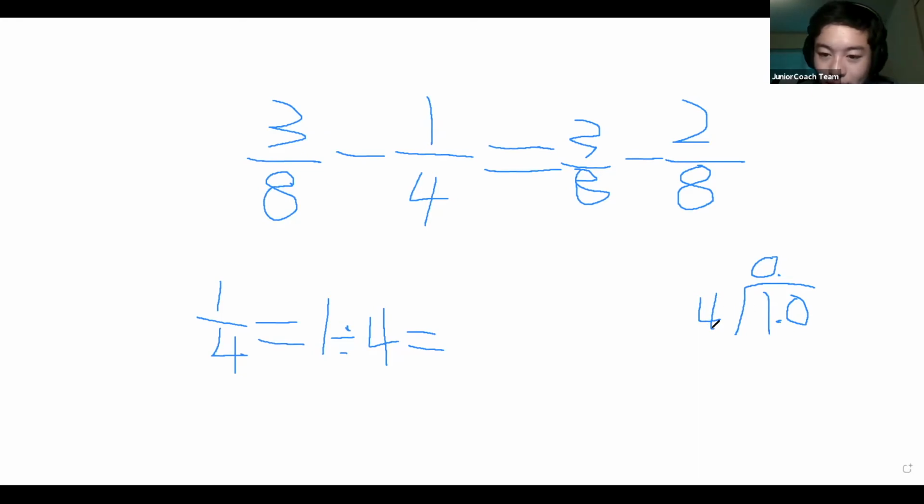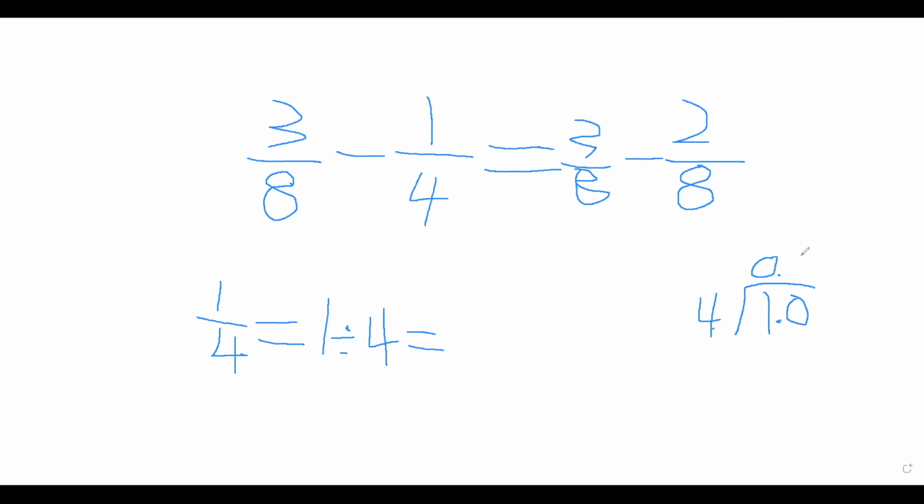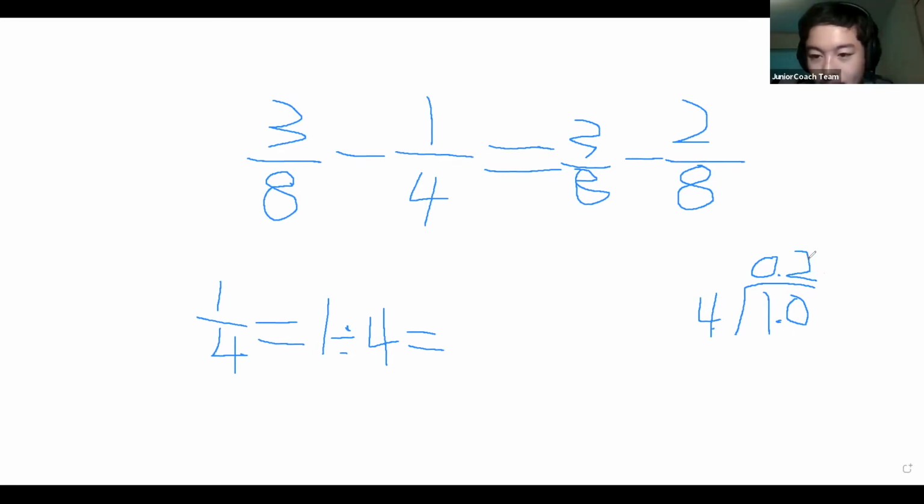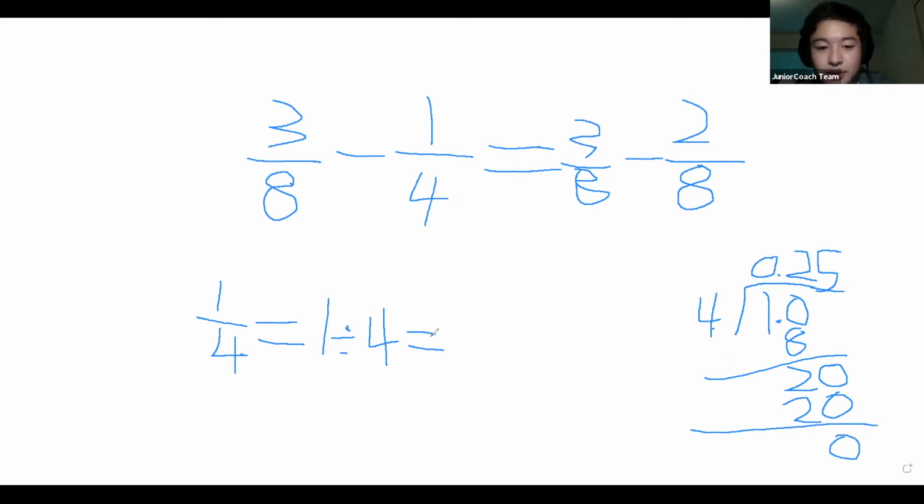Do we know how to do long division? Yes. So this will be 2, agree? Now you go here, you have 8, 20, and 5 here. There you go, 0.25.